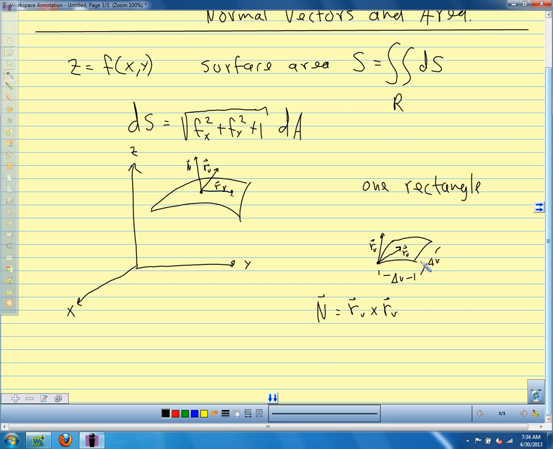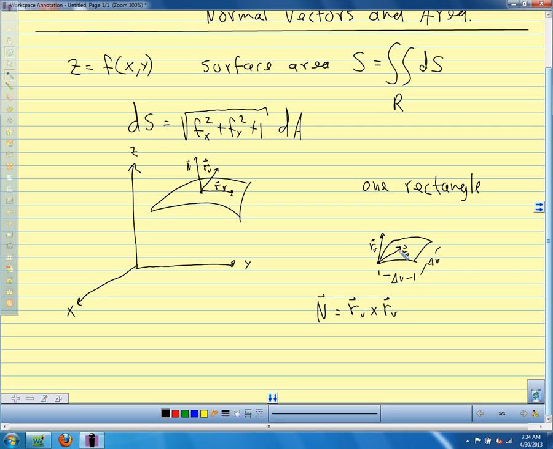And using the argument that we used in chapter 14.5, if we let delta u and delta v become very small, the magnitude of our normal vector, the magnitude of r_u cross r_v, is the area of a small parallelogram. If we let delta u and delta v get smaller and smaller, that cross product approximates the area of a little rectangle better and better.